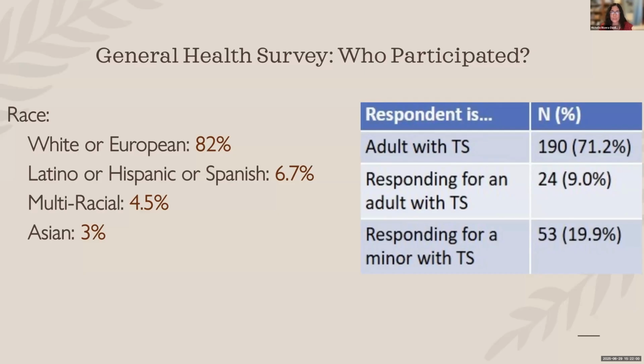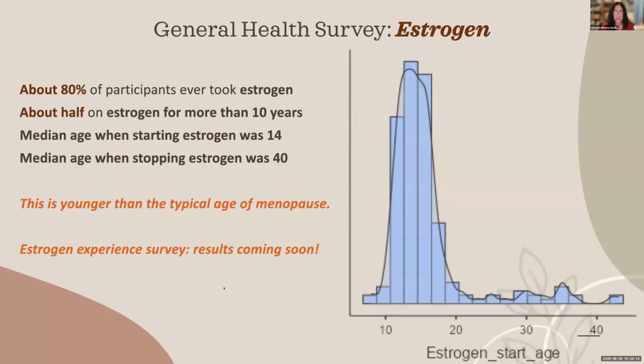Of those who answered this survey, 71% were adults with Turner syndrome, and about 20% were caregivers or parents answering questions for their child with Turner syndrome. When we look at the responses related to certain areas of interest, we looked at the estrogen use in this population.